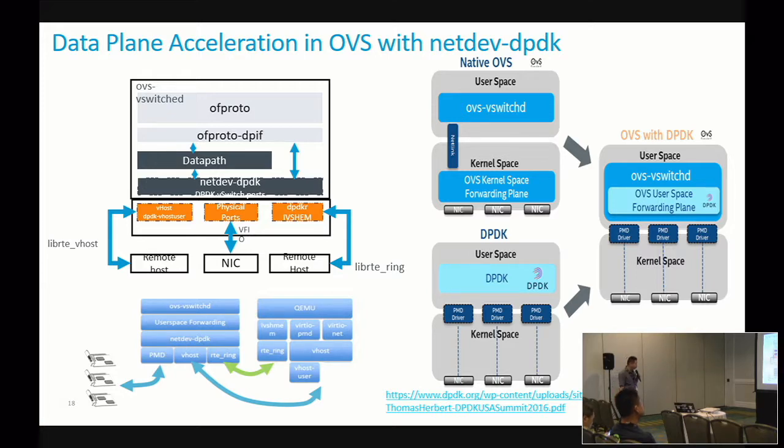So from the right part of this graph, you can see that the native OVS uses a kernel space data module to do the packet processing. And it is combined with the DPDK acceleration model.